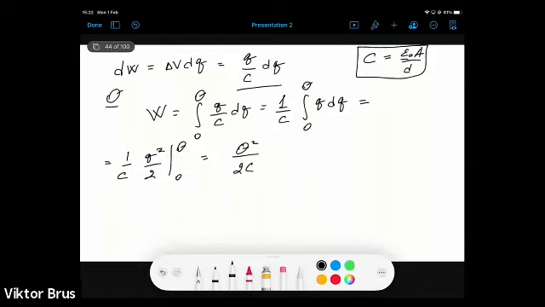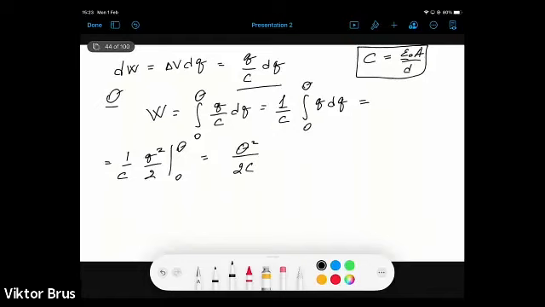And now we can think a bit in reverse: if we need to do certain work to charge this capacitor, that would mean accumulation of certain potential energy inside this capacitor, which is equal to the work which has to be done to charge it to a certain level.